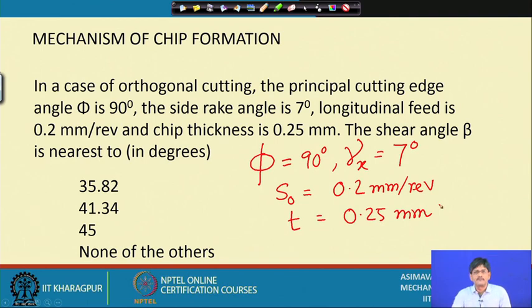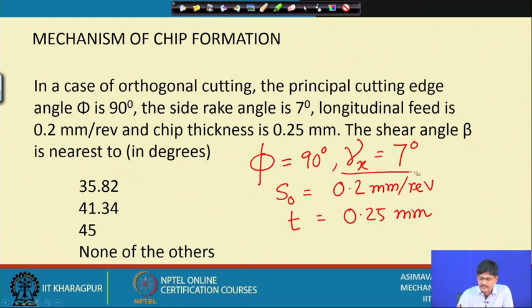So, we have to find out the value of the shear angle. How do we do that? If you remember, we can use the previous expression. So, these options, okay, among them let us use this data, but herein comes the catch. I mean the problem. What is the problem like?